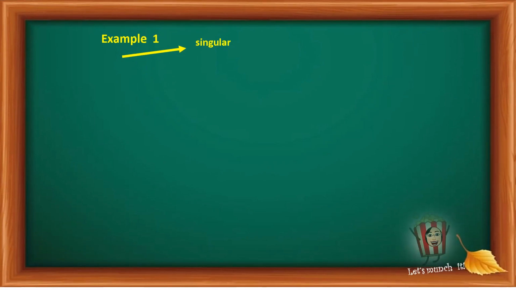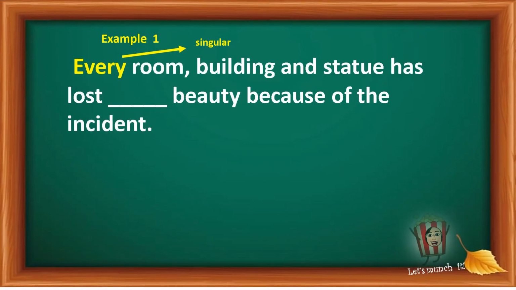There will also be a time that you will encounter a sentence like this. Every room, building, and statue has lost blank beauty because of the incident. Are we going to use its or are we going to use their? The correct answer should be its. Say, every room, building, and statue has lost its beauty because of the incident.